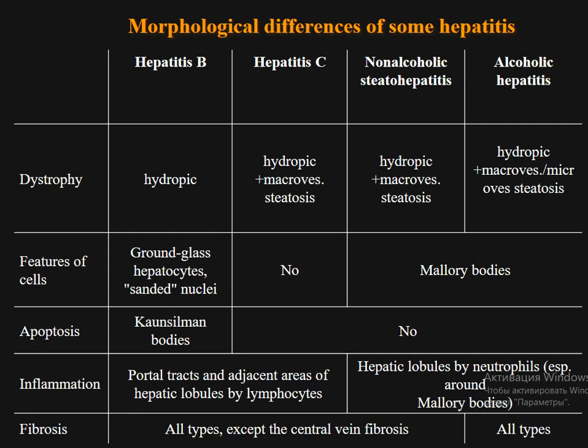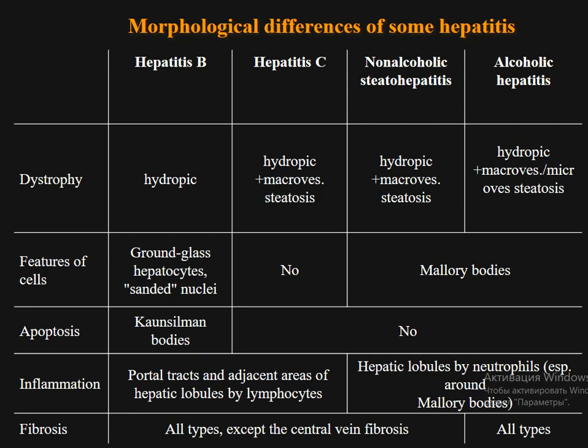No specific changes we see in case of hepatitis C, and for non-alcoholic and alcoholic hepatitis, very typical is the presence of Mallory's bodies. If you remember from first semester, these are pinkish or eosinophilic globules in the cytoplasm of cells, and they represent the result of hydropic droplets, parenchymatous protein dystrophy.